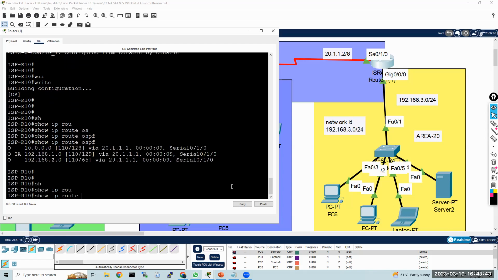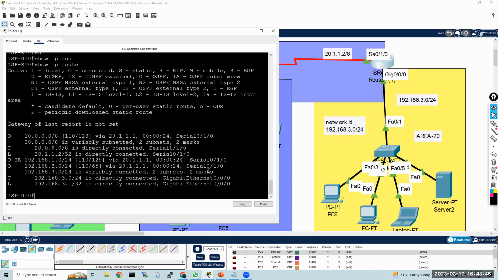Show IP route. Nothing we changed, we do everything as it is, same configuration. Guys, remember, it is not real devices. This is a software-based packet tracer, Cisco Packet Tracer. Sometimes it will create issues, but we did every command perfectly.